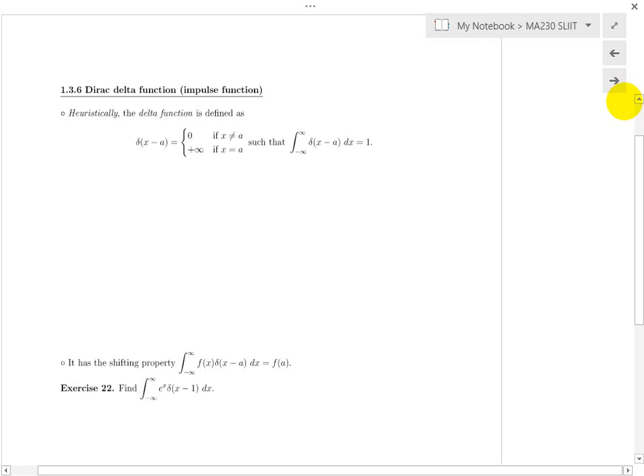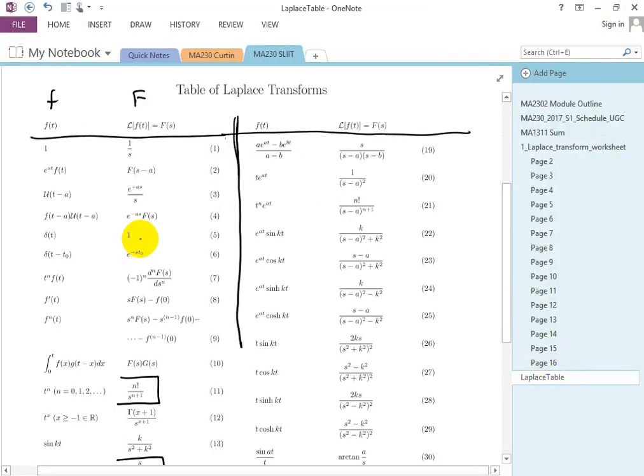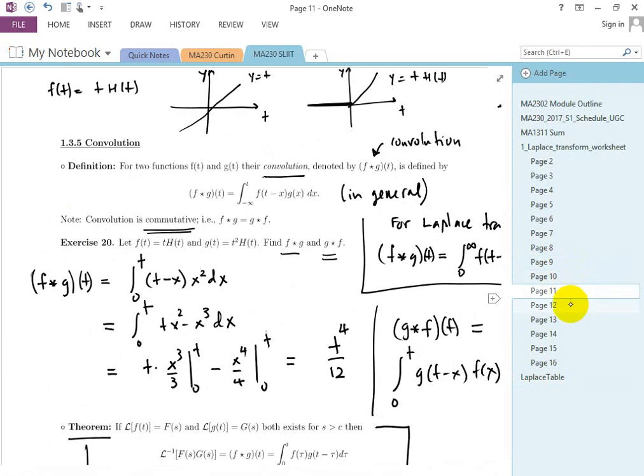Mention this. So if you check your table, note that this is the Laplace transform. Now when you have 1 here, your original function is called the delta function, delta t. Maybe you don't know what the delta function is, so that's why I just want to mention it at this point, about the delta function.